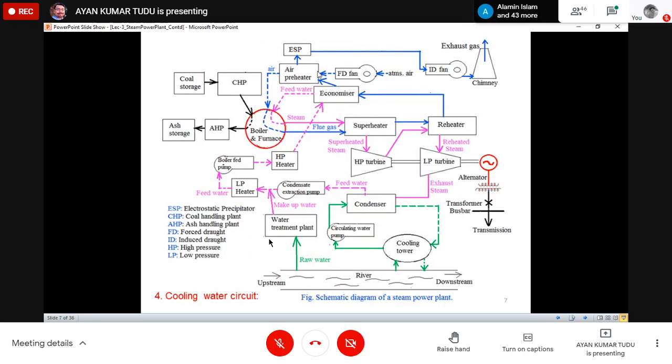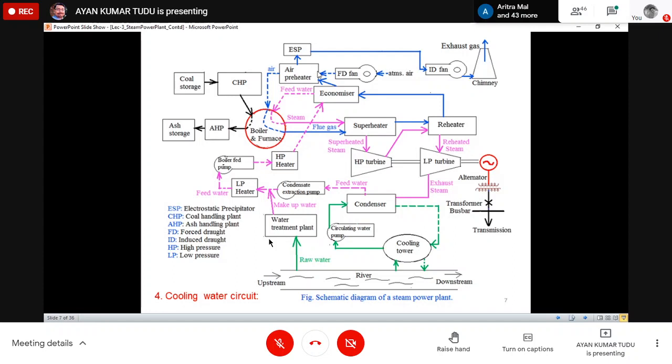In the flue gas, some unburnt coal and dust particles will be there. We'll talk about the function of the ESP later. The electrostatic precipitator will capture those soot particles or unburnt coal particles, and only flue gas devoid of those particles will be entering our chimney.